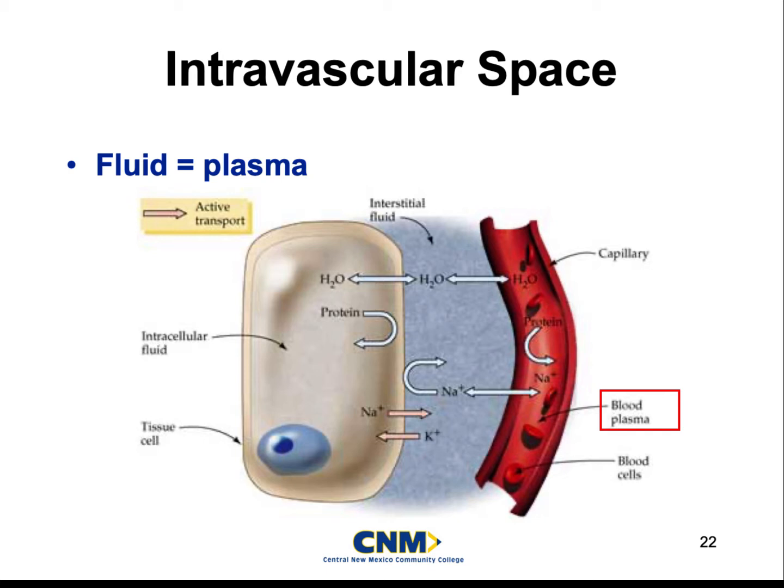It's not like water that you get out of tap water. That's actually very harmful to us. But we're talking about plasma itself. And then we have the actual capillaries, or the actual vasculature of the body. And this kind of shows how water just kind of moves freely in between all three of those spaces. How sodium will follow water, specifically with the electrolytes of sodium.